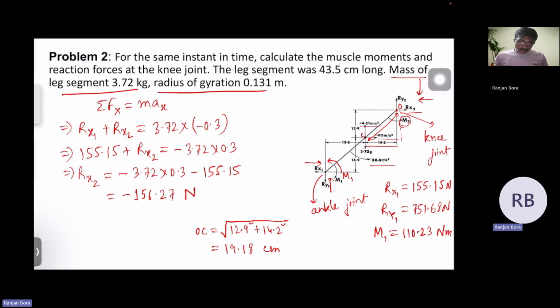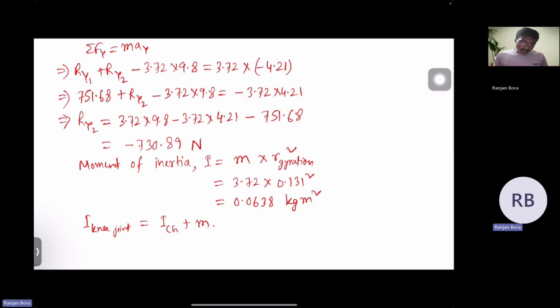So here it will be I about CG plus M into 19.18. We have to write it in meters, so dividing it by 100, squared.